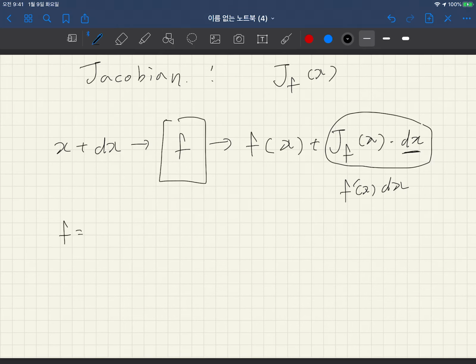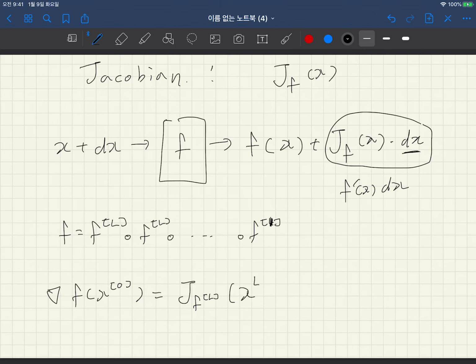So we can follow the same logic as before, which we used for scalar functions. The derivative for the composition of functions is as follows: the gradient of f(x) is equal to Jacobian f_L at x_{L-1}, times Jacobian of f_{L-1} at x_{L-2}, and so on, up to Jacobian f1 at x.